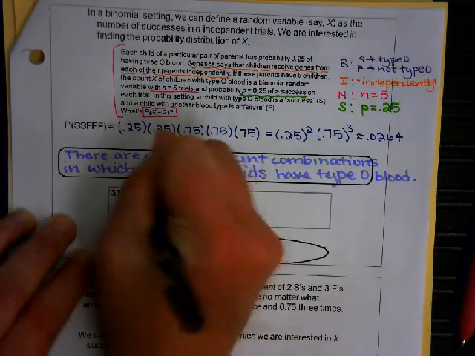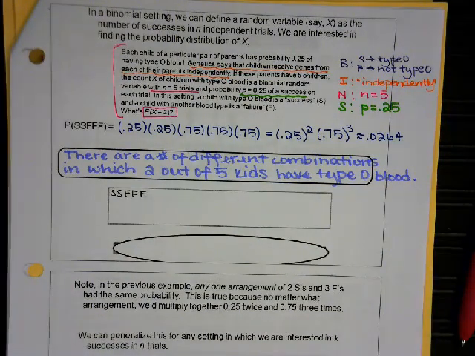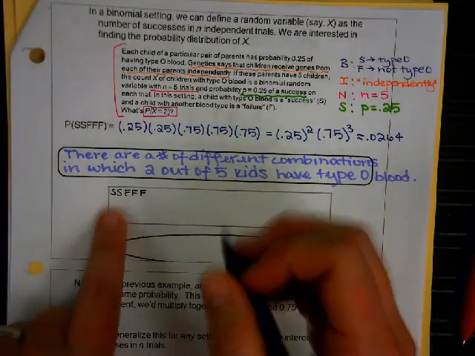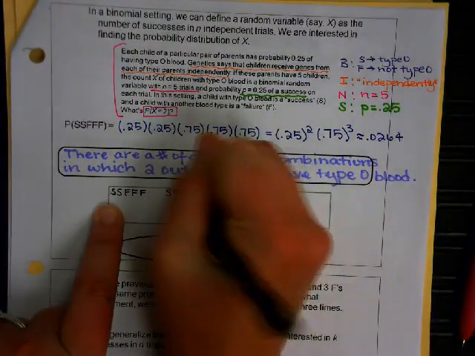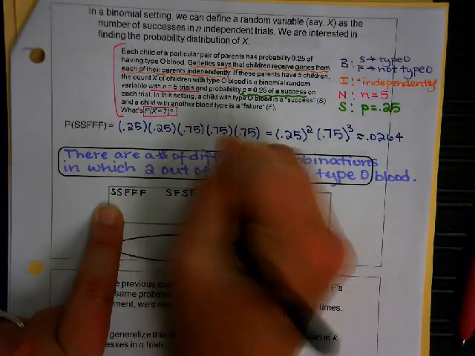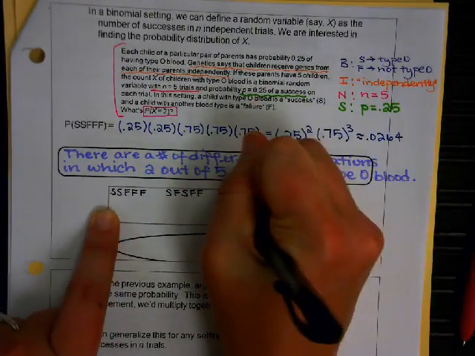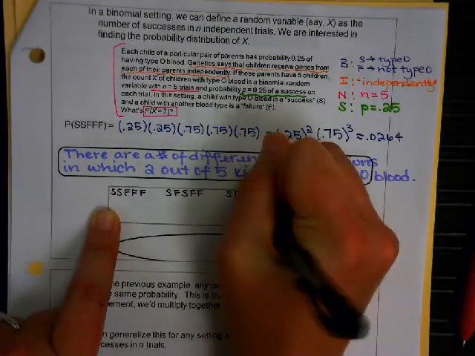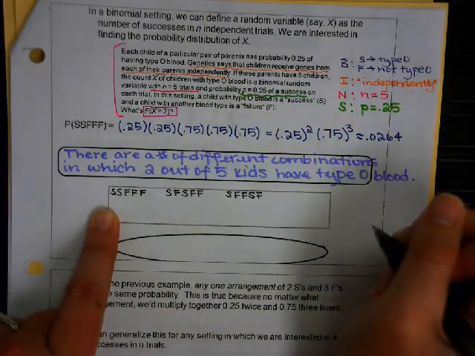So I'm going to leave the first S there and move the other one. It could be success, failure, success, failure, failure. Or success, failure, failure, success, failure. Or success, then 3 failures, then success.